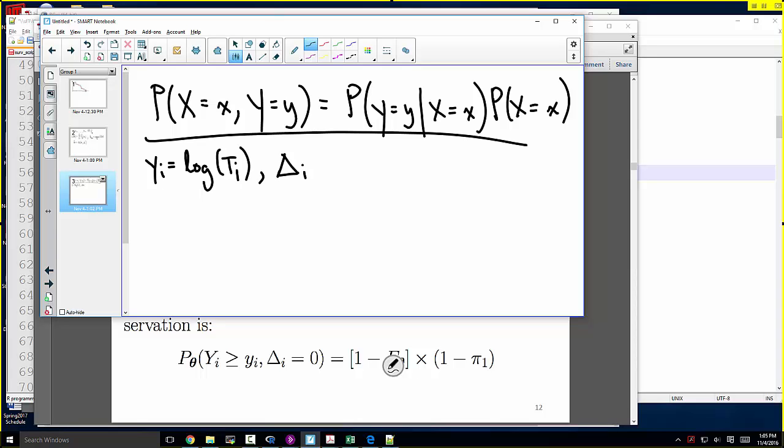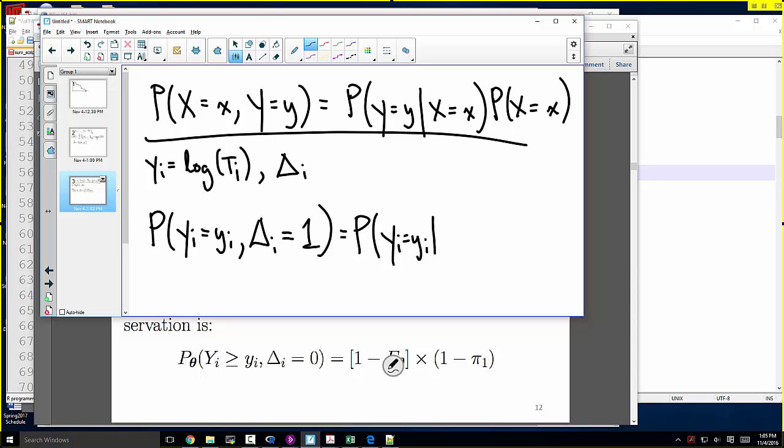So the probability of observing little yi and an uncensored little yi is conditional times marginal: the probability that yi is little yi, given that it's an uncensored observation, times the marginal probability of an uncensored observation.